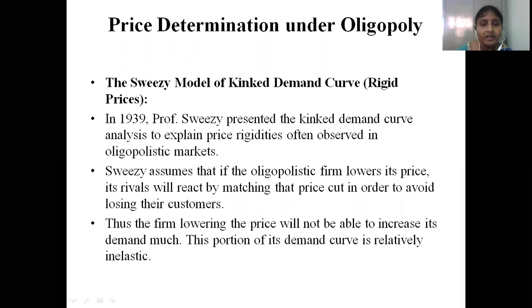Here he assumes that if any oligopolistic firm lowers its price, suppose an oligopolistic firm X lowers its price, then automatically its rival firms in this oligopolistic market will react.